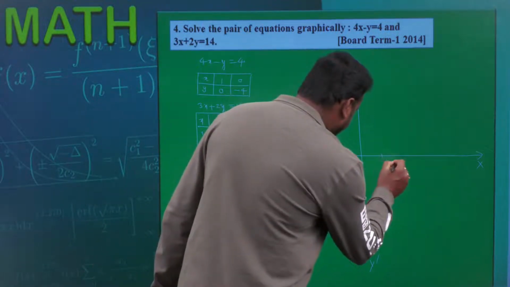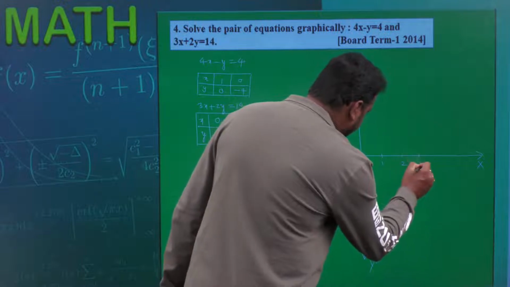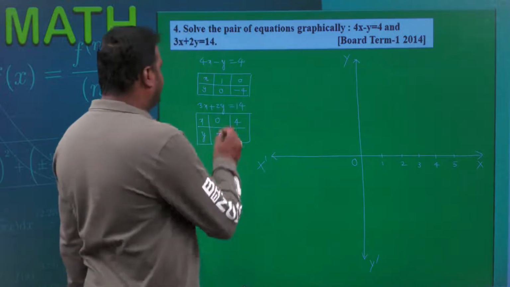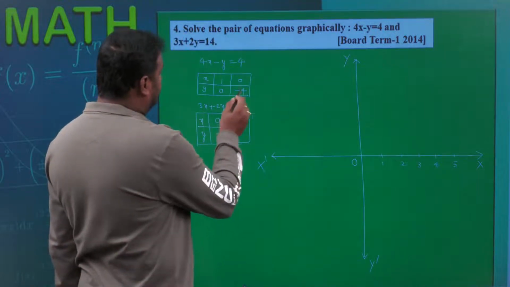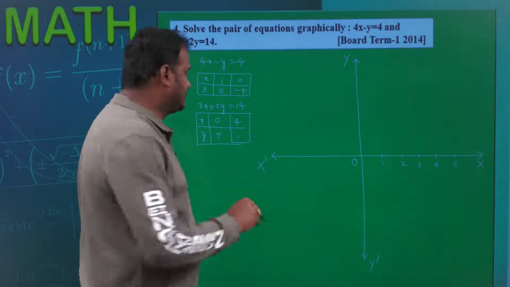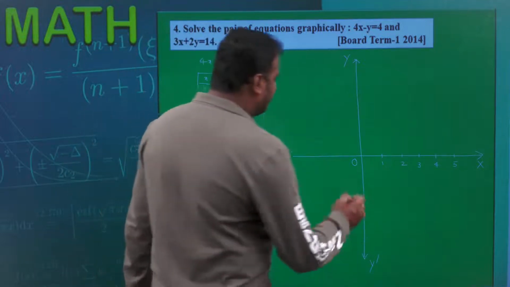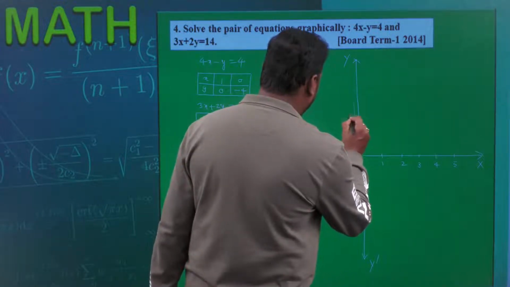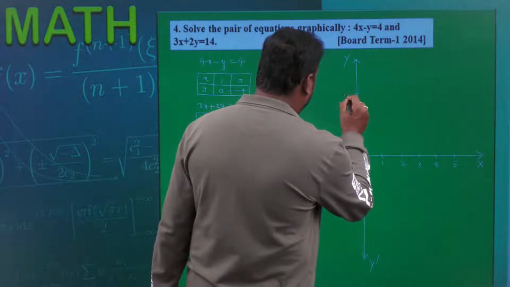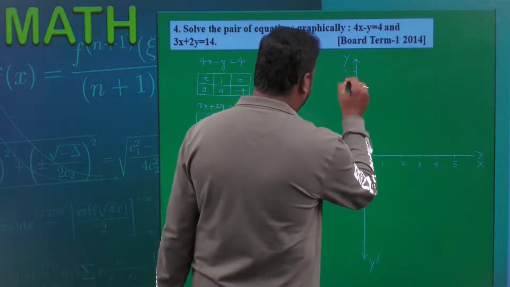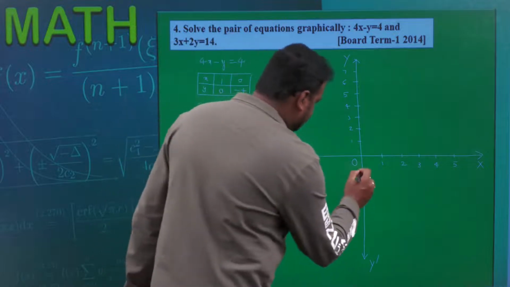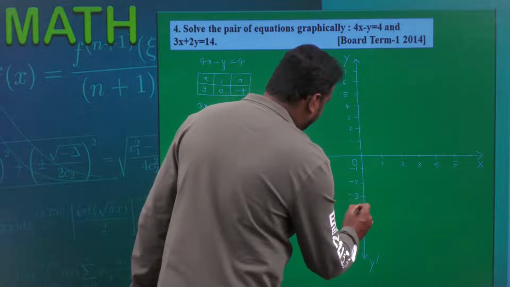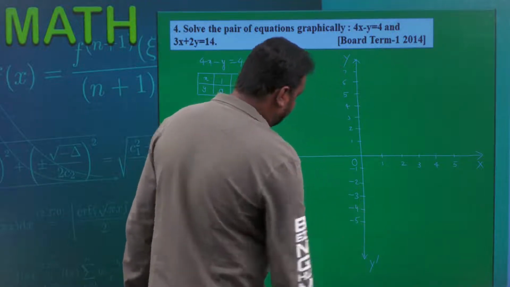So here it is 1 and 2, this is 3, this is 4, this is 5 for example. The y values have a maximum of 7 and a minimum of minus 4. Here also I am taking 1 centimeter equal to 1 unit. So this is 1, 2, 3 and 4, this is 5, 6, 7. And down the y-axis this is minus 1, minus 2, minus 3, minus 4, minus 5 for example.